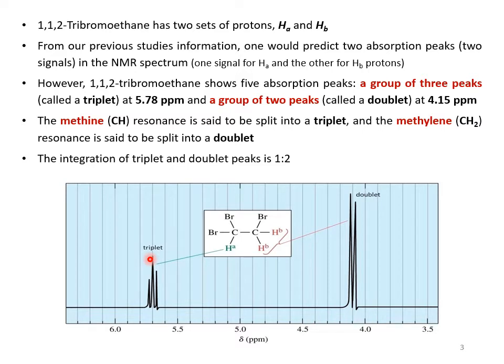So what you have to remember is that in the NMR spectrum of most organic molecules, we will not get only one signal. The signal for each type of proton gets split. Here there are totally 5 signals for 1,1,2-tribromoethane, which form two groups: three absorption peaks for this methine proton and two absorption peaks for the methylene protons.